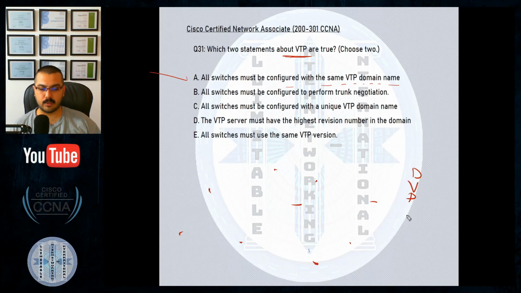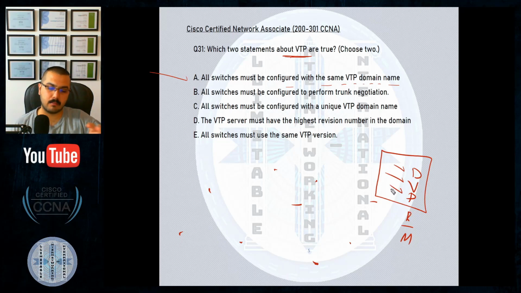And the fourth optional thing will be the revision number, which mostly you will not touch. And the mode: server, client, and transparent, or even a master. But for the domain name, password, and version, those three must match, copied and pasted between all the switches, all of them.